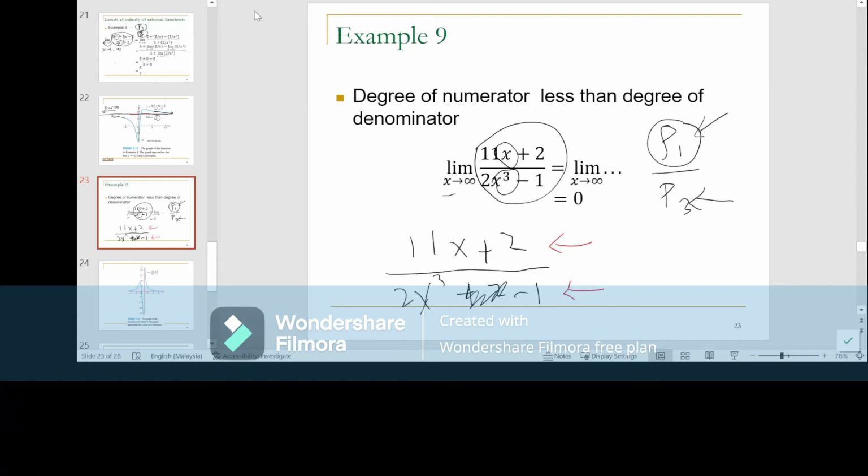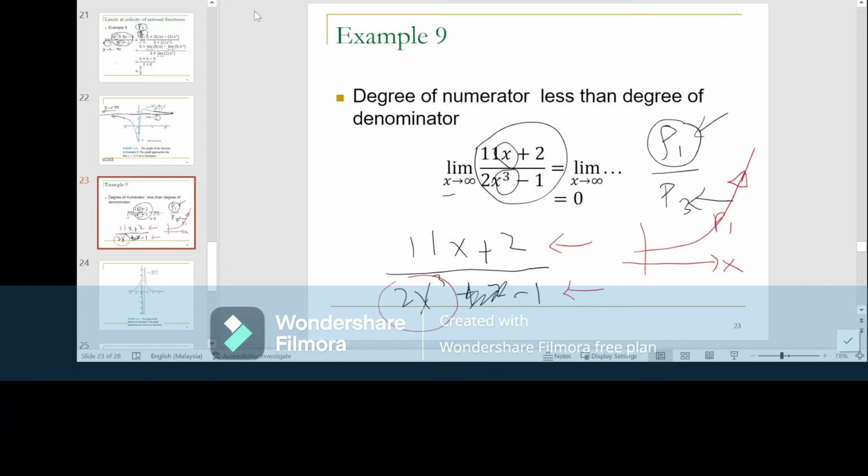When I say larger, imagine you have a function of, say, P1, right? So P1 is proportional to x. Obviously when x goes to very large, you expect P1 to go to infinity. But how about the function P3? P3 is also going to infinity when x grows, right?